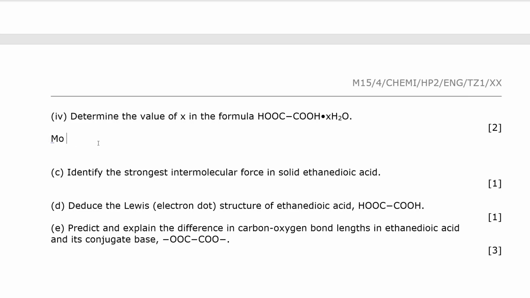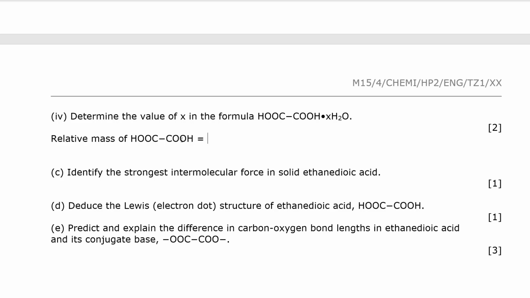Let's say the relative mass, I prefer relative. The relative mass of this part will be equal to the sum of the parts, won't it?